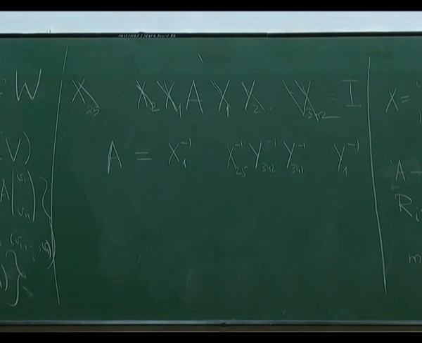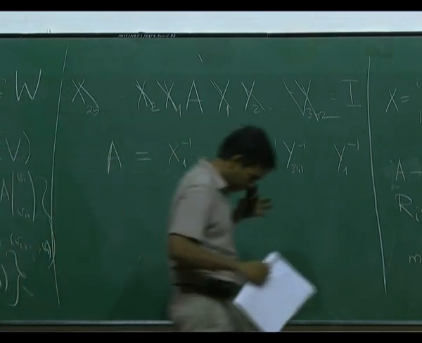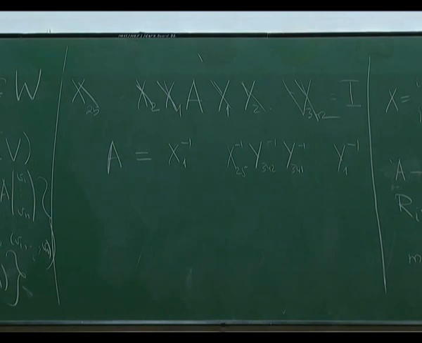Now, if you look at these row and column operations which I had written down, if you take a row and multiply it by alpha, you can take the same row and multiply it by alpha inverse, and that is the inverse of the original operation. If you add alpha times the jth row to the ith row, you can again subtract alpha times the jth row from the ith row. So that's the inverse operation. And if you interchange the ith and jth row, you can interchange it again and get back the original matrix. So all those operations, their inverses were also the same types of operations.